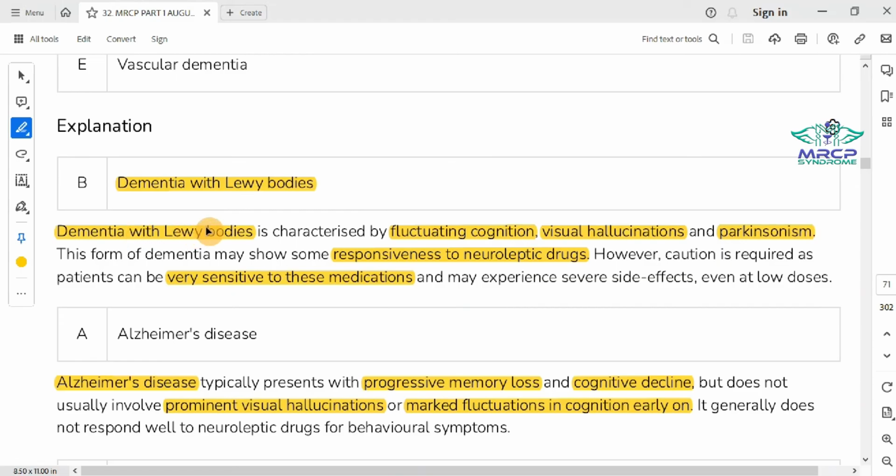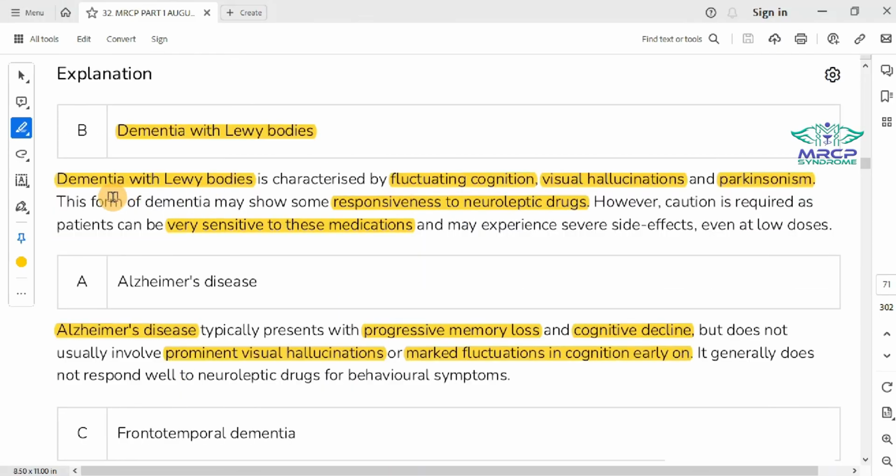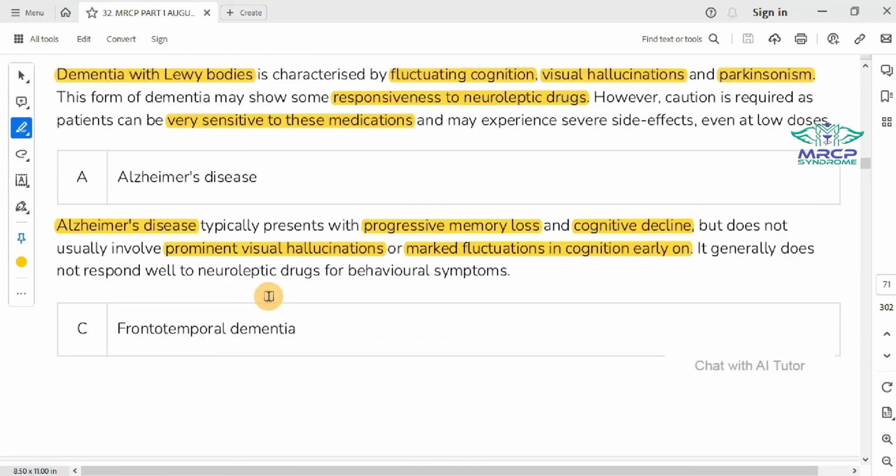Dementia with Lewy bodies is characterized by fluctuating cognition, visual hallucination, and Parkinsonism. This form of dementia may show some responsiveness to neuroleptic drugs. However, caution is required as the patient can be very sensitive to this medication and may experience severe side effects even at a lower dose.